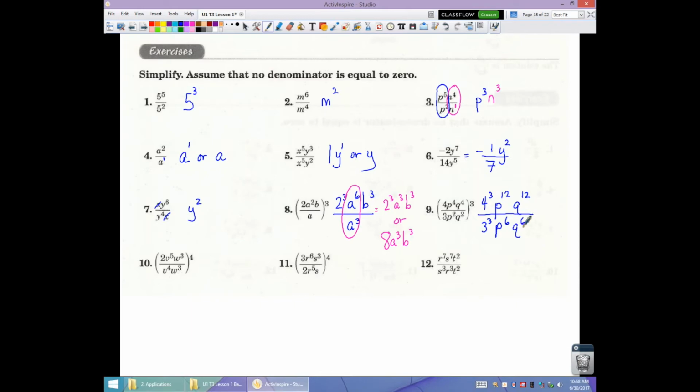When I simplify the p's and the q's, I have 4 to the 3rd, p to the 6th, q to the 6th, over 3 to the 3rd. Or if I multiplied out my 4's and my 3's, that's 64 p to the 6th, q to the 6th, over 27.